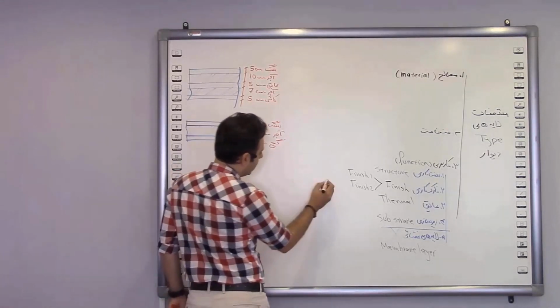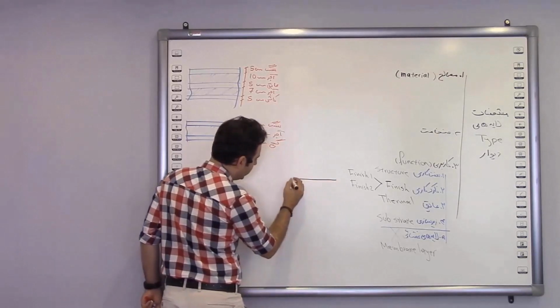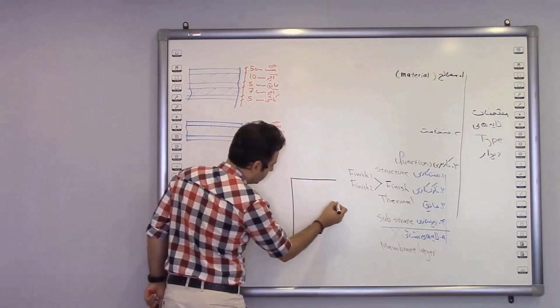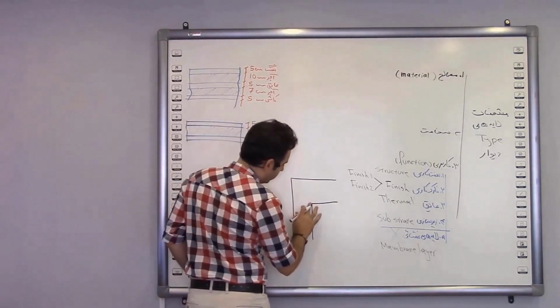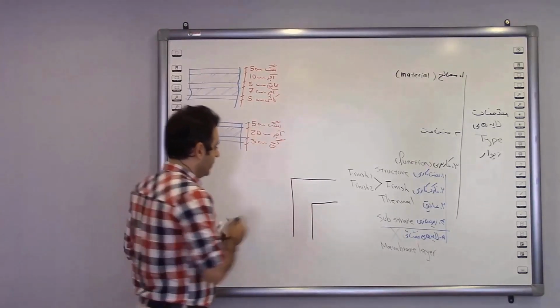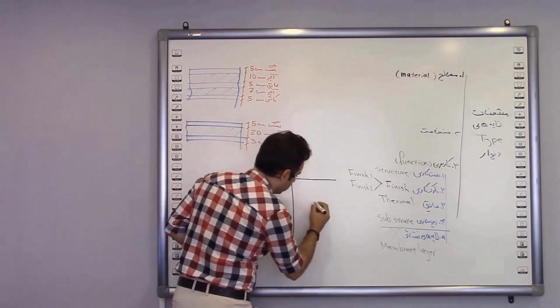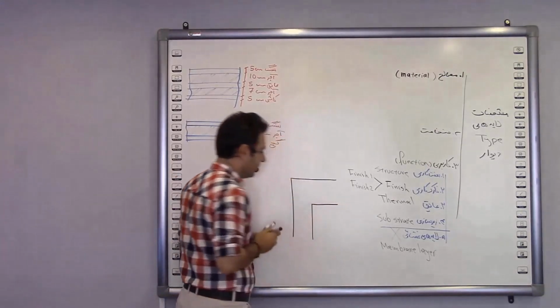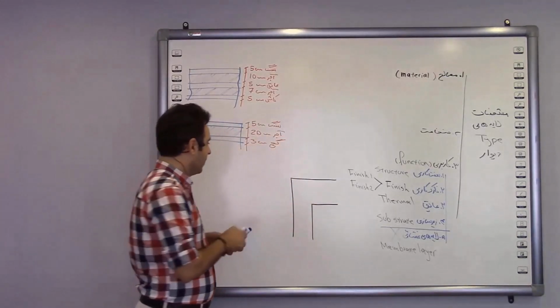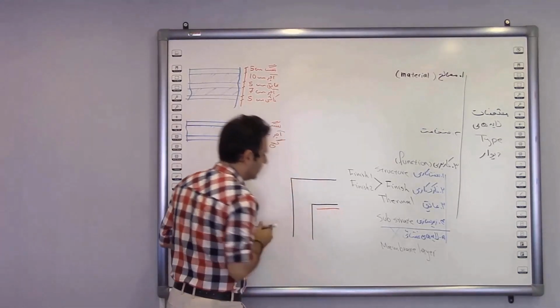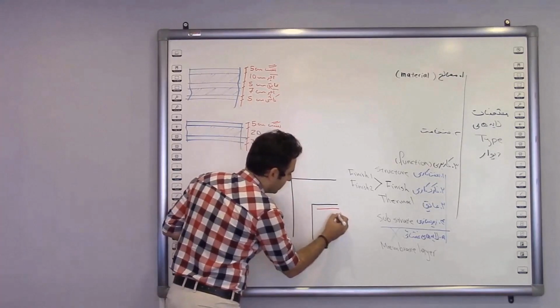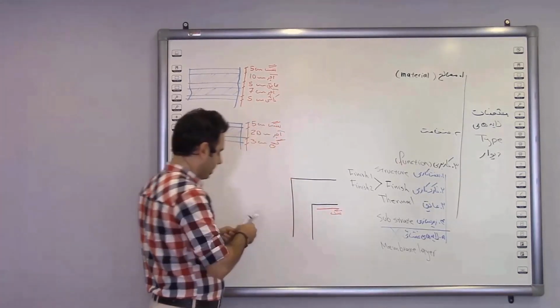Imagine that this is the corner of a wall. Let me draw it straight, it was bad. So, the material of this part is stone. This one's material is, for example, plaster.